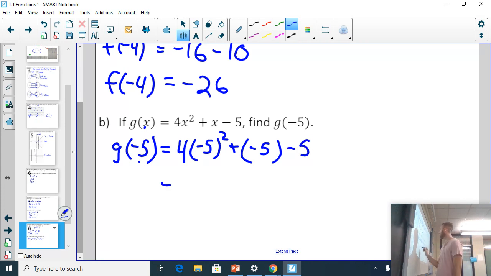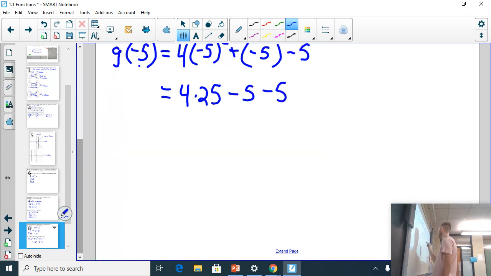And then I'm just going to take each of these step by step. Negative 5 squared is going to be 25. So we have 4 times 25 plus a negative 5 is just minus 5 and then minus 5 again. Well, now 4 times 25 is 100. Minus 5 minus 5.